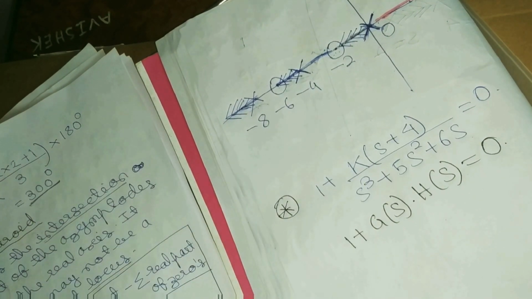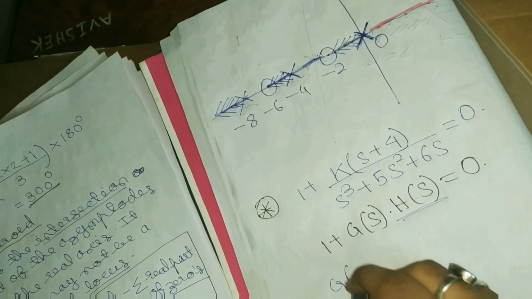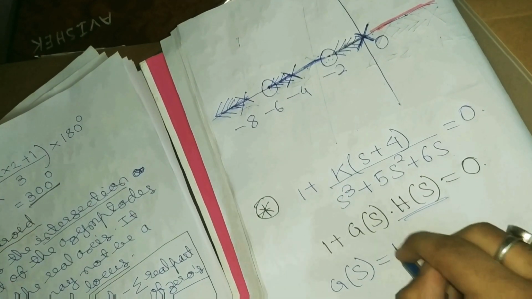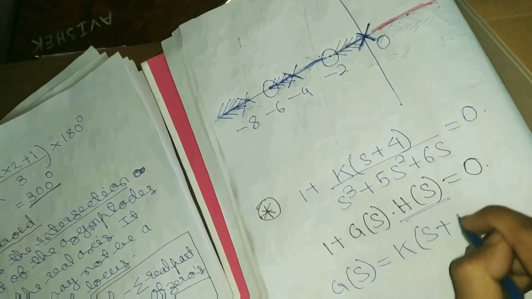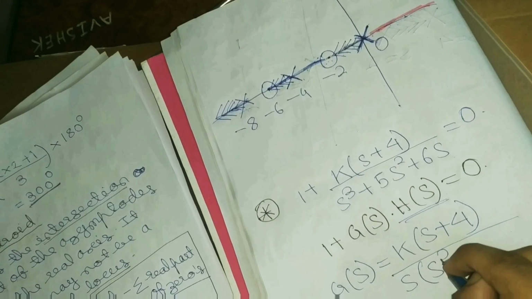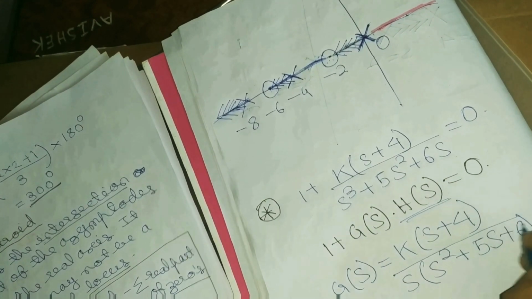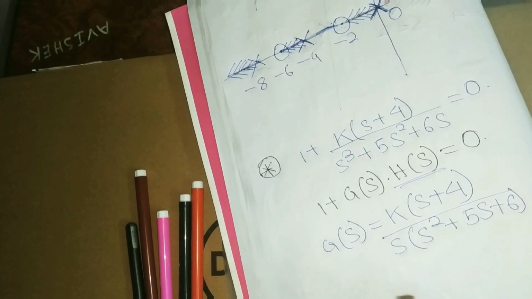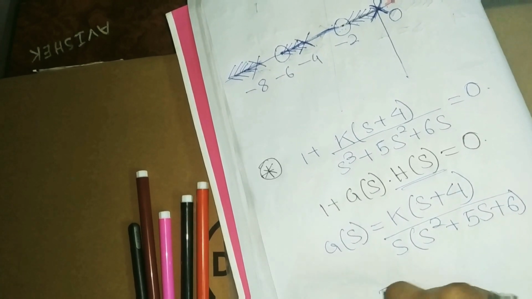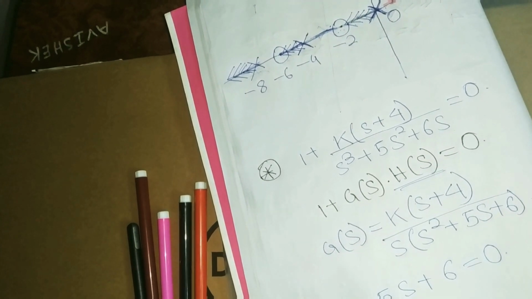So you have to find G(s) from here. As H(s) is 1 because of unity feedback, G(s) equals k(s plus 4) divided by (s square plus 5s plus 6).